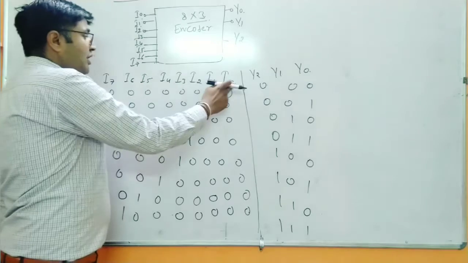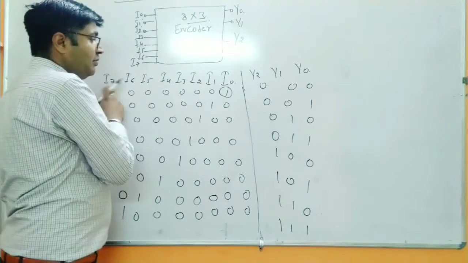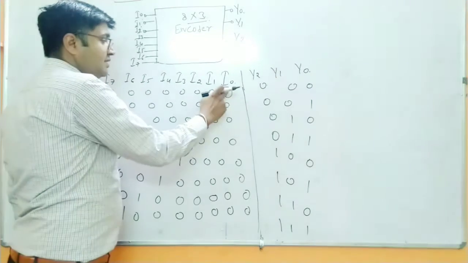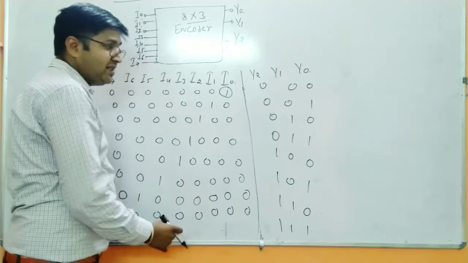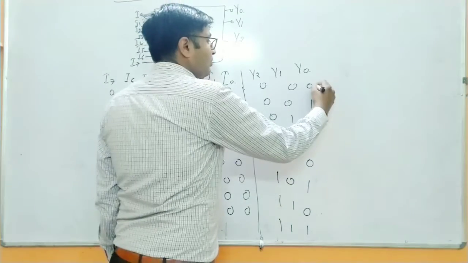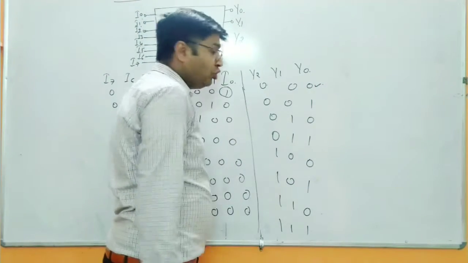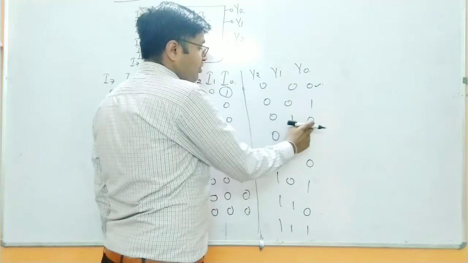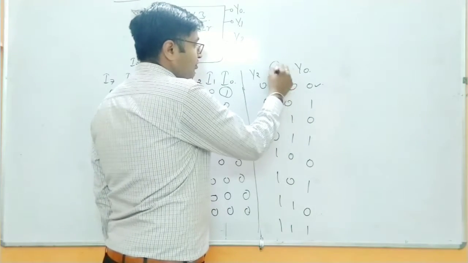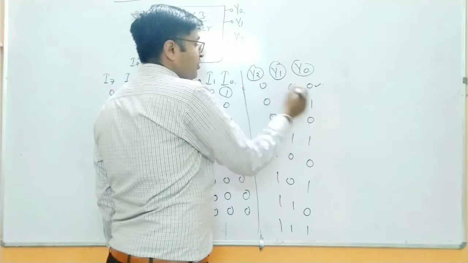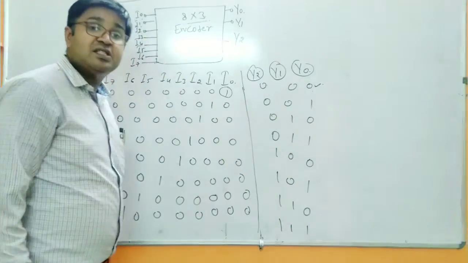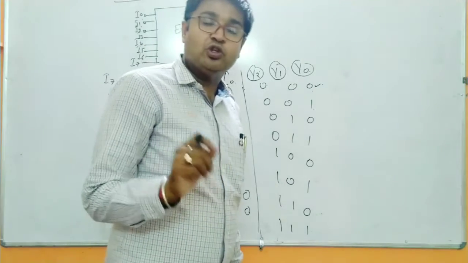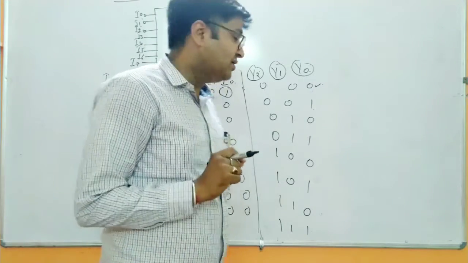Now for I7 to I0, the first enabled input with logical high is I0. The next time I1 is high, so it will follow like this. The output initially will be shown as 0 0 0, then 0 0 1, then 0 1 0. So these outputs will show the corresponding number which is enabled high.